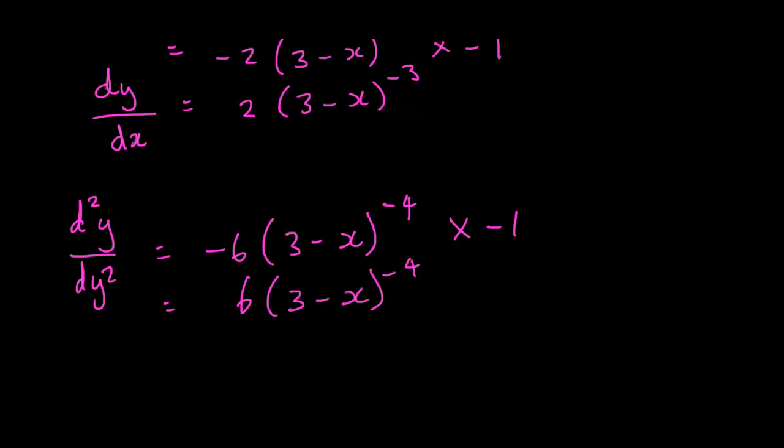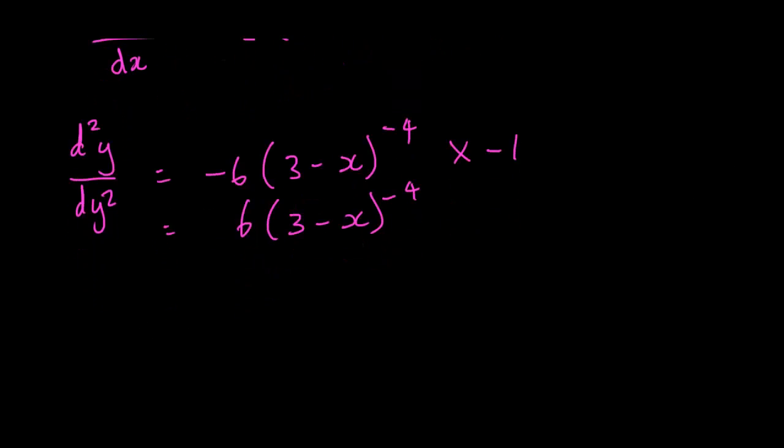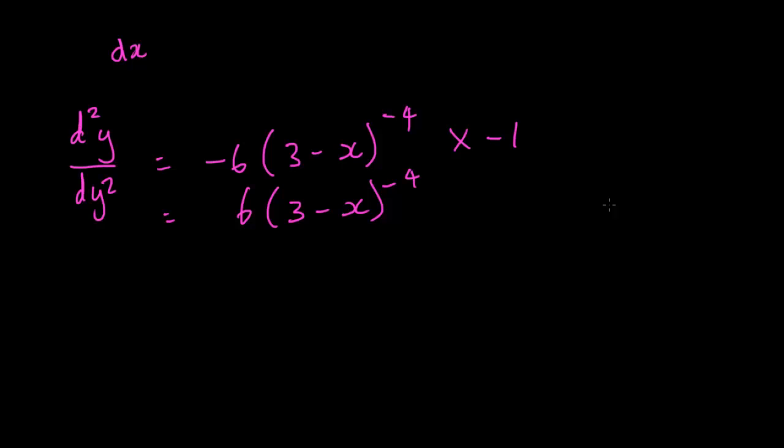That's our second derivative, and that is our answer. If you want, as an extra, you can put this over a fraction again, so you can give the answer in fractional form. As we know, using the laws, you have 6 over (3 minus x) to the power of 4. So that's pretty much it.